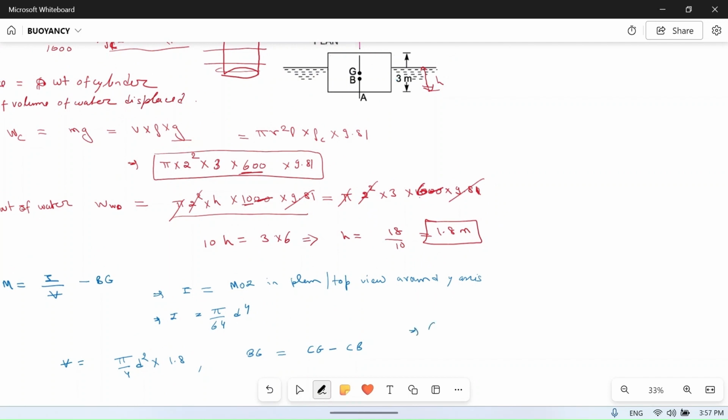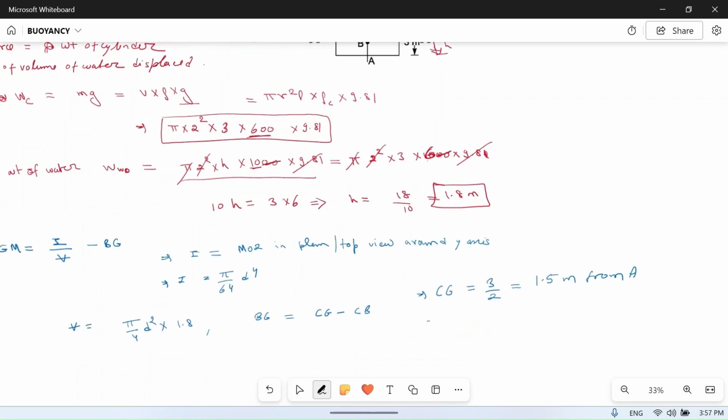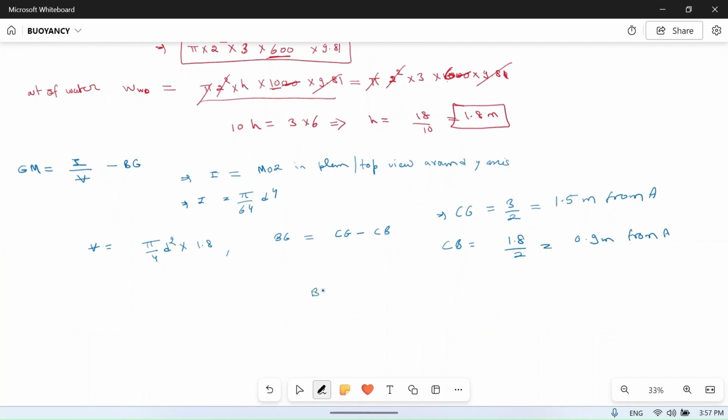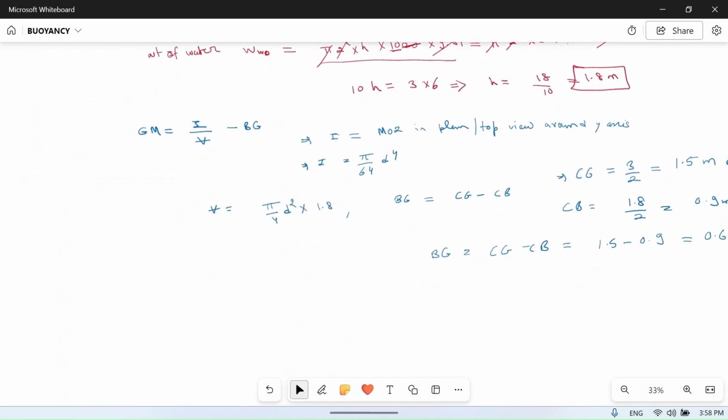So center of gravity will be 3 by 2, which is equal to 1.5 meter from A. Now CB, center of buoyancy: what is the height of the liquid column which is displaced? 1.8. So 1.8 divided by 2 is equal to 0.9 meter from A. So BG is equal to CG minus CB, which is 1.5 minus 0.9, equal to 0.6 meter. So we have found all the values.